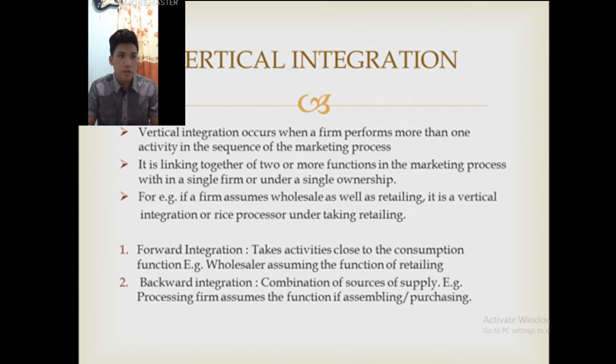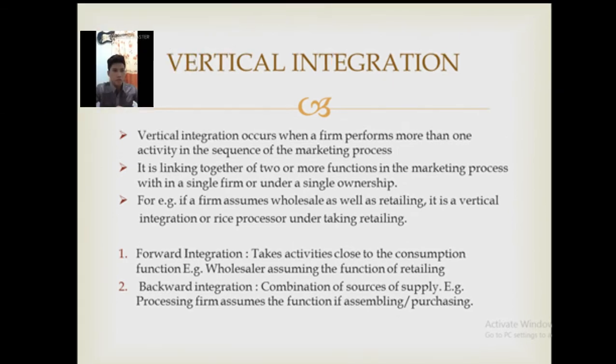For example, a firm assumes wholesale as well as retailing, or a rice processor undertakes retailing. Forward integration takes activities close to the consumption function, for example, a wholesaler assuming the function of retailing. Backward integration is a combination of sources of supply, for example, a processing firm assuming the function of assembling or purchasing.